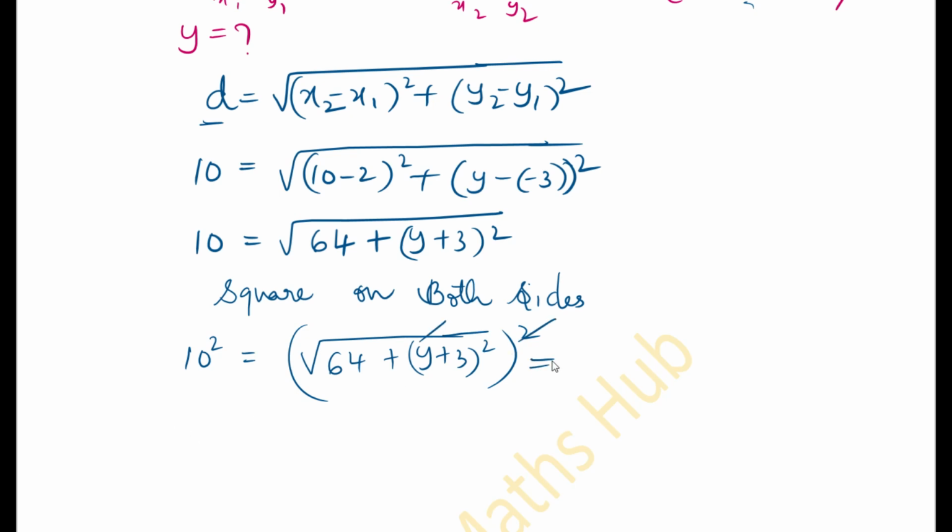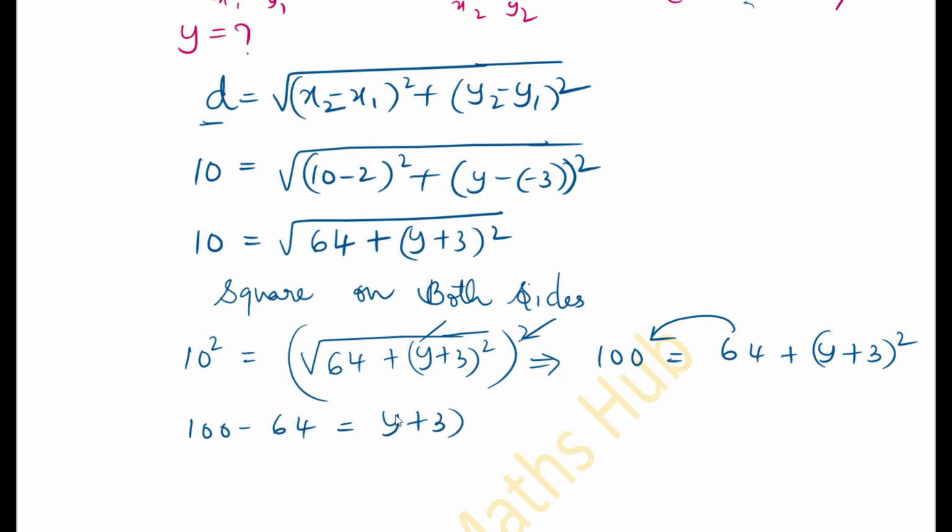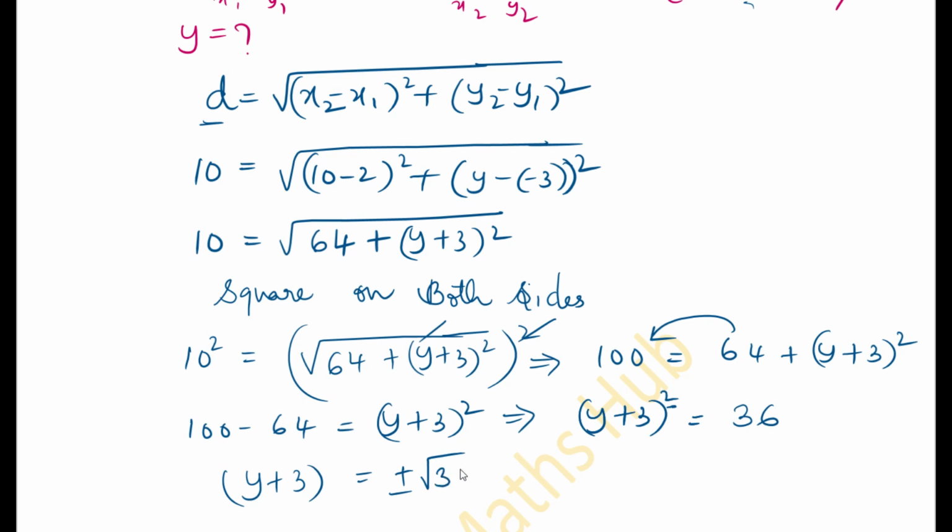What is 10 square? 10 square is 100, which is equal to 64 plus y plus 3 whole square. Now shift plus 64 to LHS, it becomes 100 minus 64, which is equal to y plus 3 whole square. Now we get y plus 3 whole square equals, what is 100 minus 64? 100 minus 64 is 36. Now y plus 3 equals, remove the square and put the square root on the other side, that is plus or minus square root of 36.